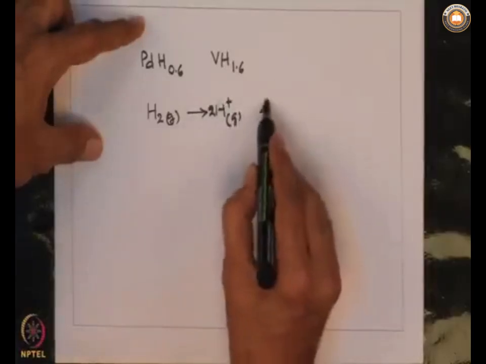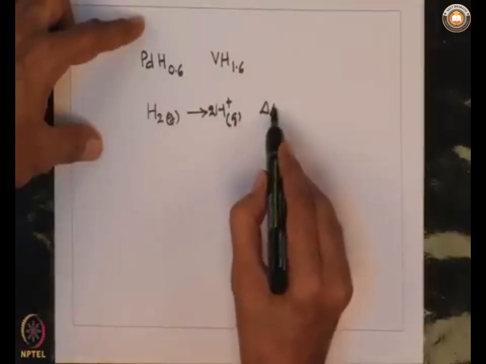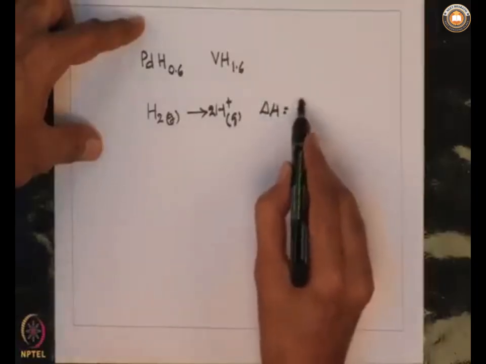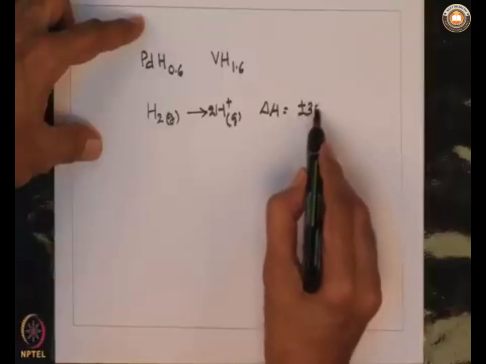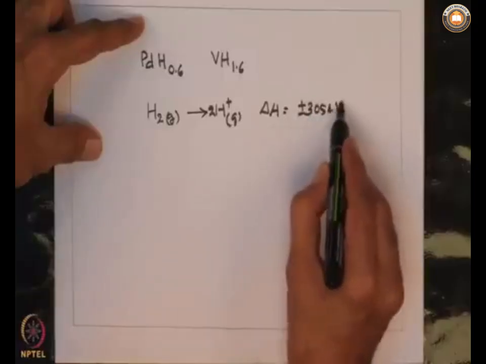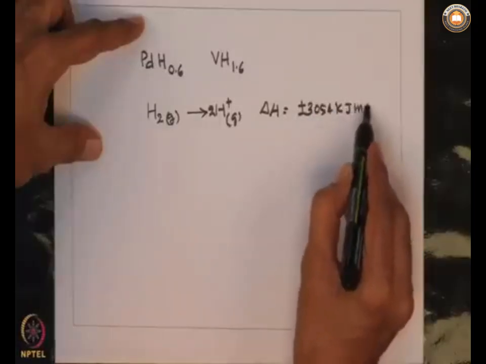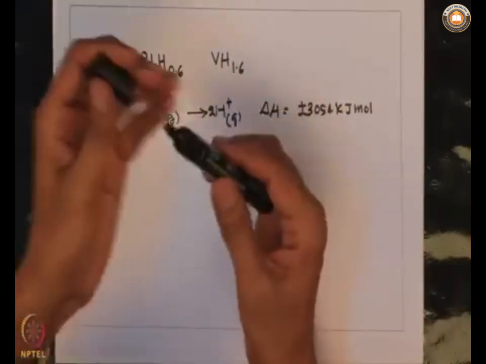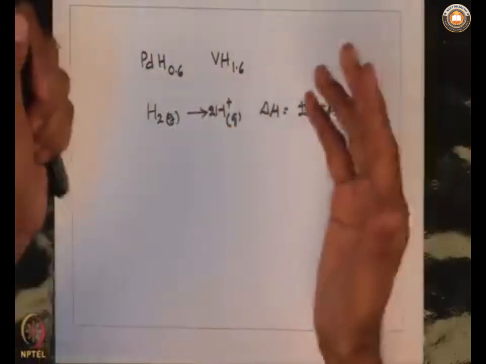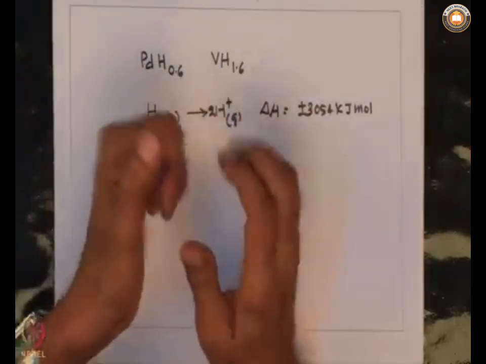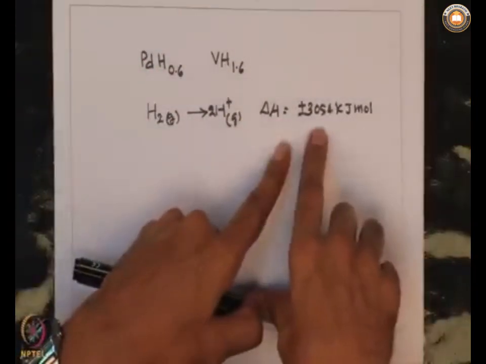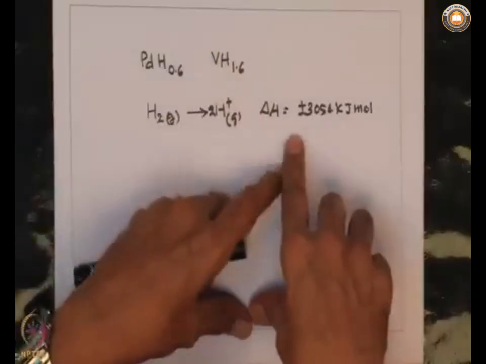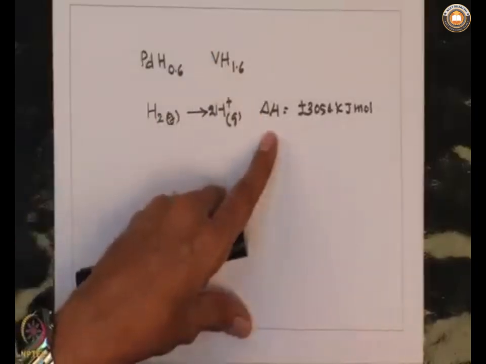The energy required for this is plus 3045 kilojoules per mole. So it is not very easy to generate H plus ions from H2. Of course, one can perform this in the gas phase, but it requires a large amount of energy, as can be seen from this reaction enthalpy.